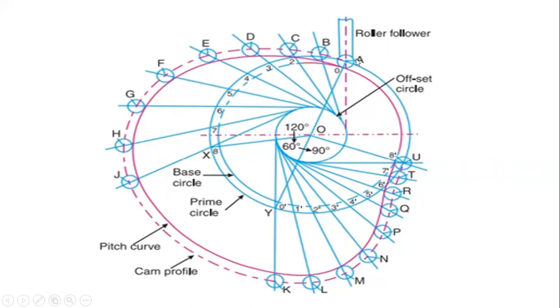And next, draw the roller diameter, which is 20 mm. Then take the point from the A position. So this is the A position. We have to take this point.